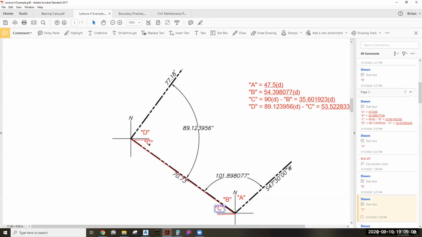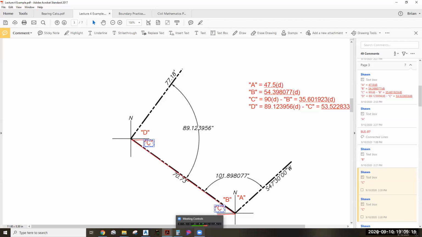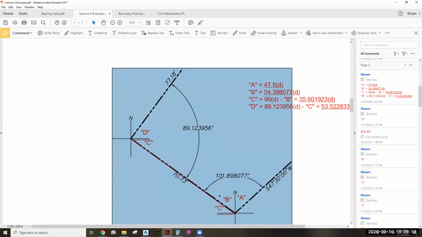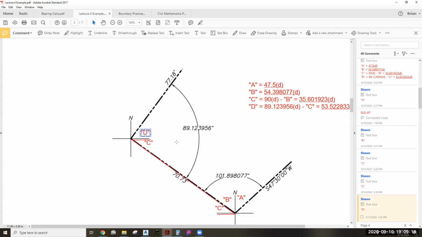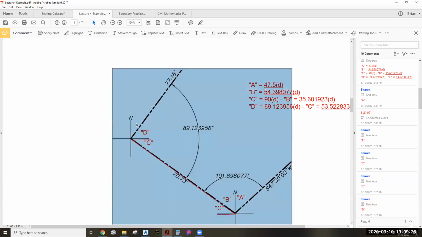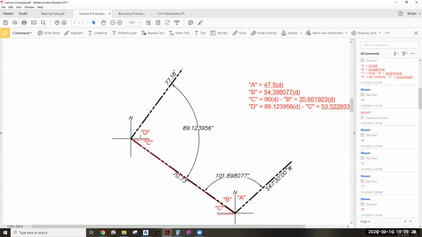This is equal to this. I need to know this so that I can calculate this, so that eventually I can calculate the bearing of that line.